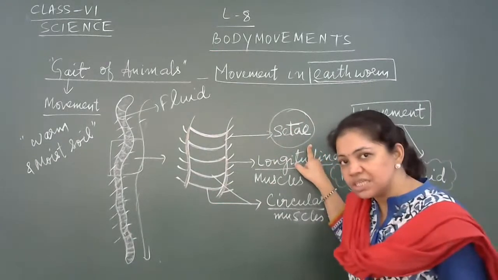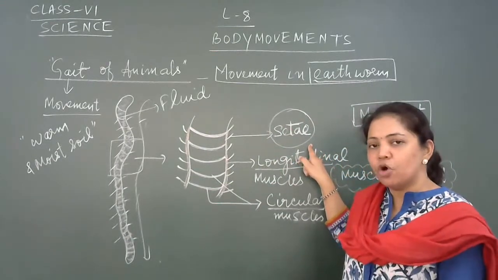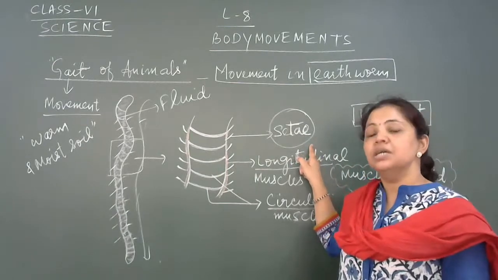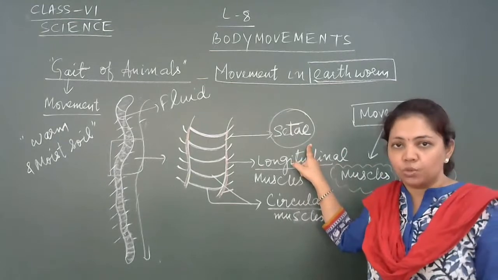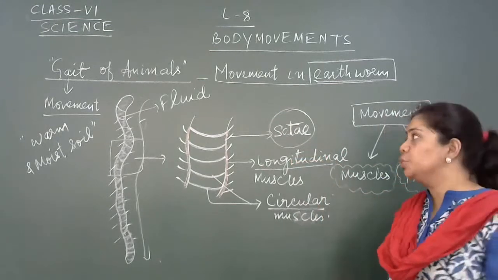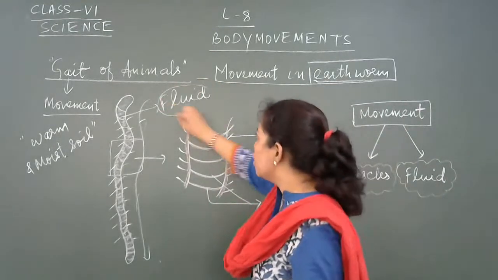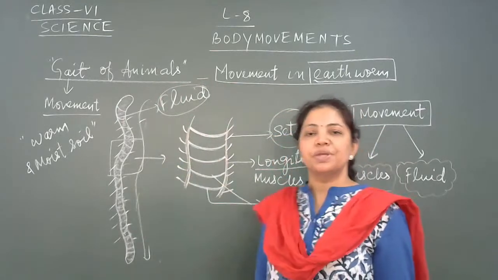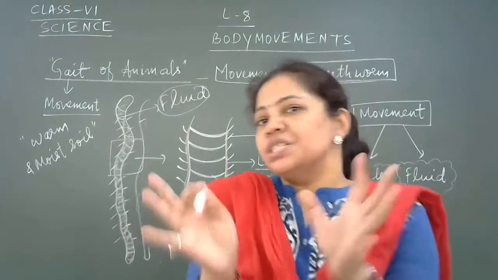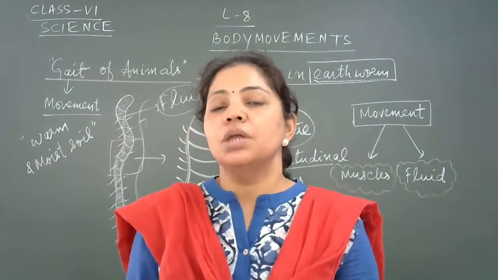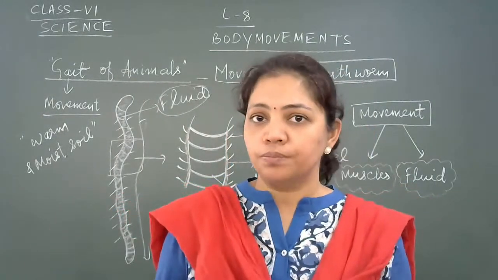What is the function of setae, children? I told you a moment before. Right, that they help earthworm to have a grip on the ground. Right? And third, I told you that inside the body of the earthworm a fluid is present. Right? So now this much information we know about the body of earthworm.